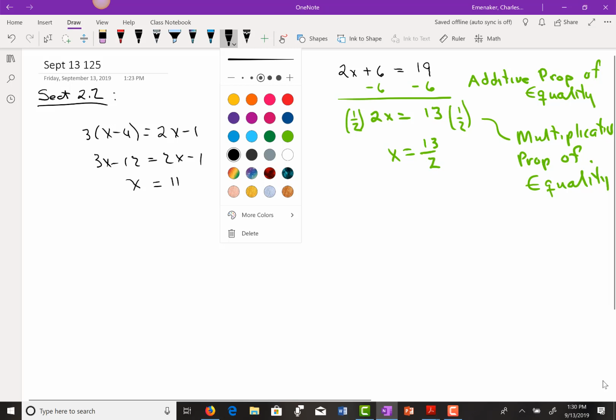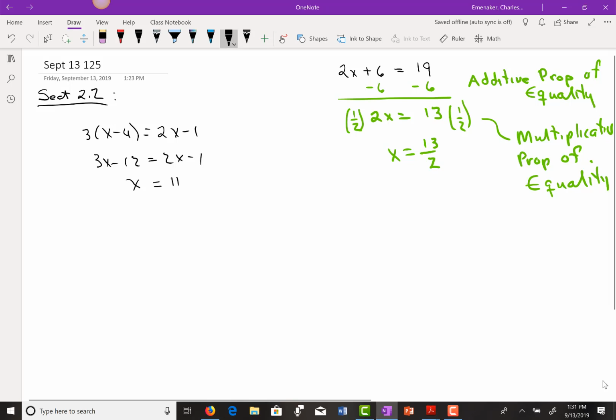There's a variety of things that can happen when you go to solve an equation. You're accustomed to solutions like what's here on the left-hand side, where you get x equals 11. This is what is termed a conditional equation. With a conditional equation, the equation is true under the condition that x equals 11.